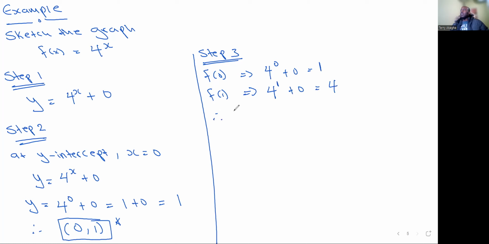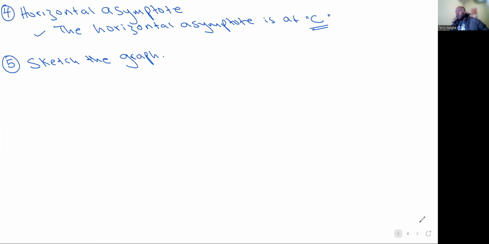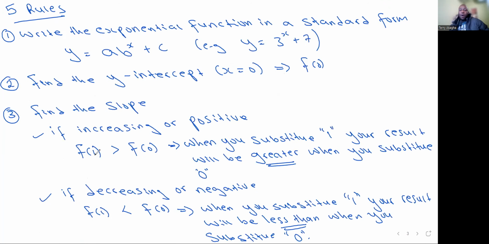From this, you can see the answer we got from f of 1 is greater than the answer we got from f of 0. So if f of 1 is greater than f of 0, it means it's going to be increasing. And increasing, remember I told you, means the graph is going to look like this.